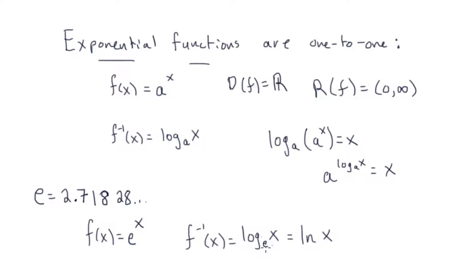So that's log base e, where e is this number 2.71828, etc. Also, sometimes you'll just see log with no subscript, no base. That's understood, at least in most contexts, to mean log base 10. So if you ever see log by itself with no base, it's log base 10. If you see ln, natural log, that's log base e.